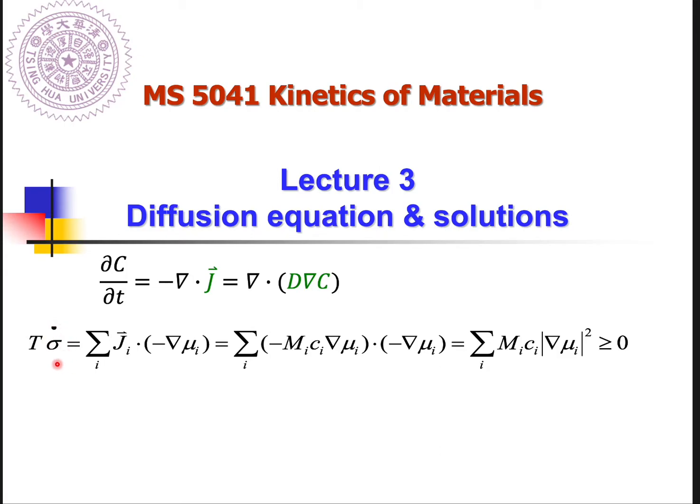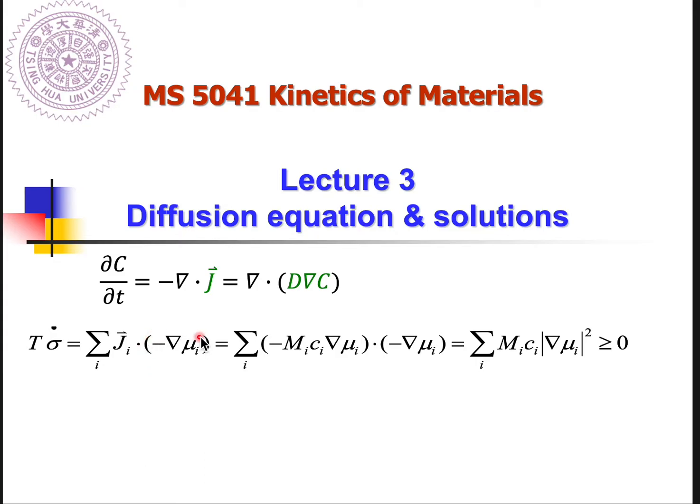So if we want to use the entropy production rate to describe diffusion in solid materials, then based on the flux-driving force equation we learned in lecture 1, temperature times the entropy production rate equals the atomic flux times the driving force, right?